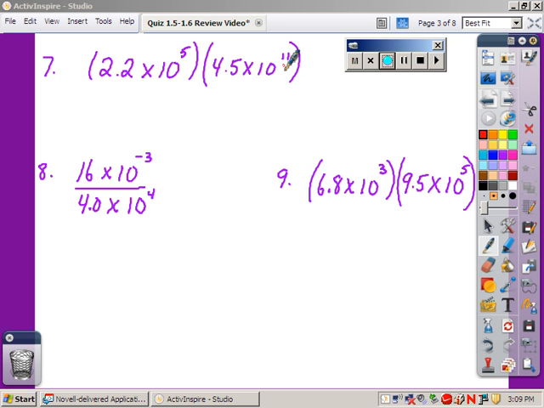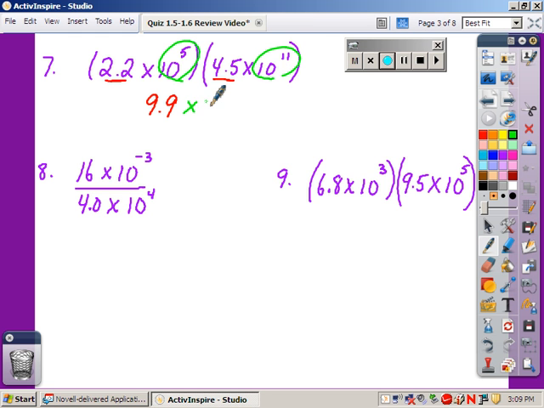So I'm just going to take 2.2 times 4.5 on my calculator. That's what you're using the calculator for. This one and this one multiply together, and I get 9.9. And then I add the exponent terms to get times 10 to the 16. That's the final answer.